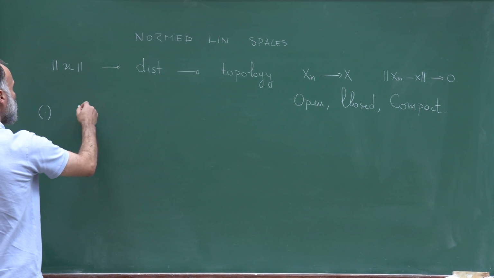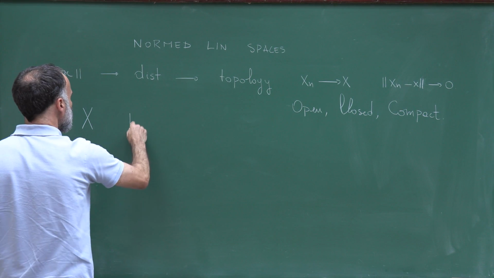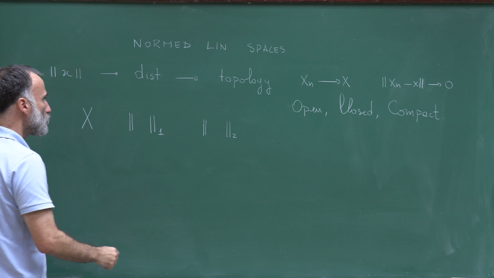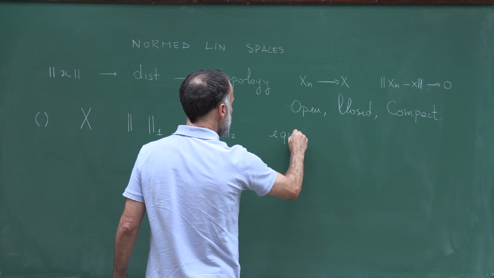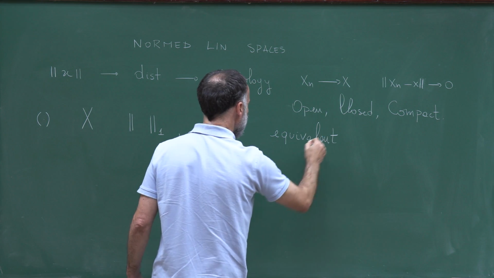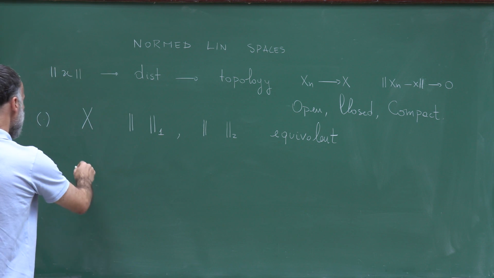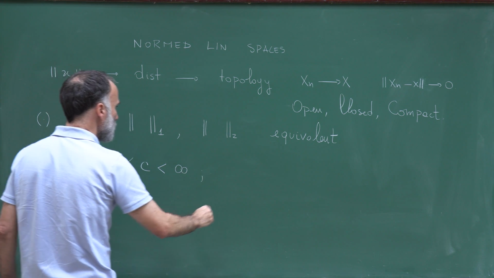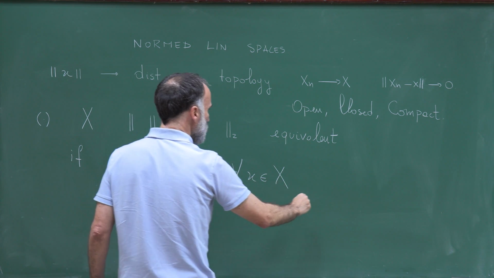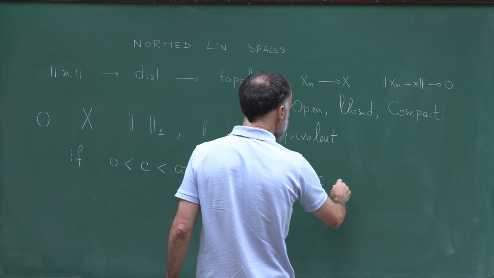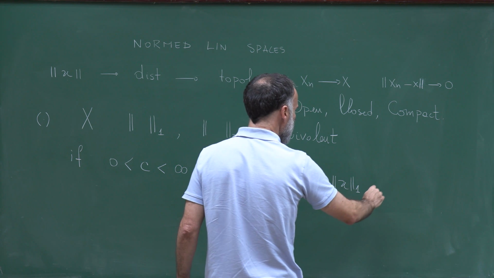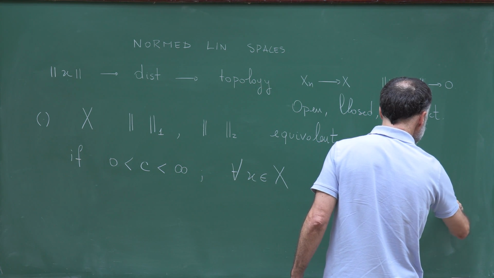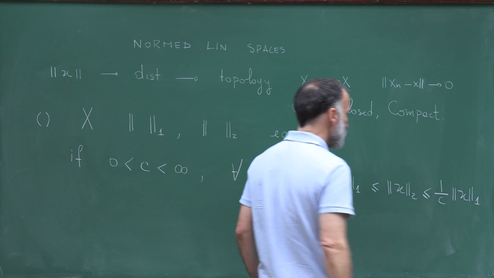This means that if you have in a linear space X two different norms, say norm 1 and norm 2, we will say that these two norms are equivalent if there exists a constant c which is strictly positive and finite, such that for all x in X, you have c times the norm of x with respect to the first norm is bounded by the norm of x with respect to the second norm, which is bounded by 1 over c times the norm of x with respect to the first norm.